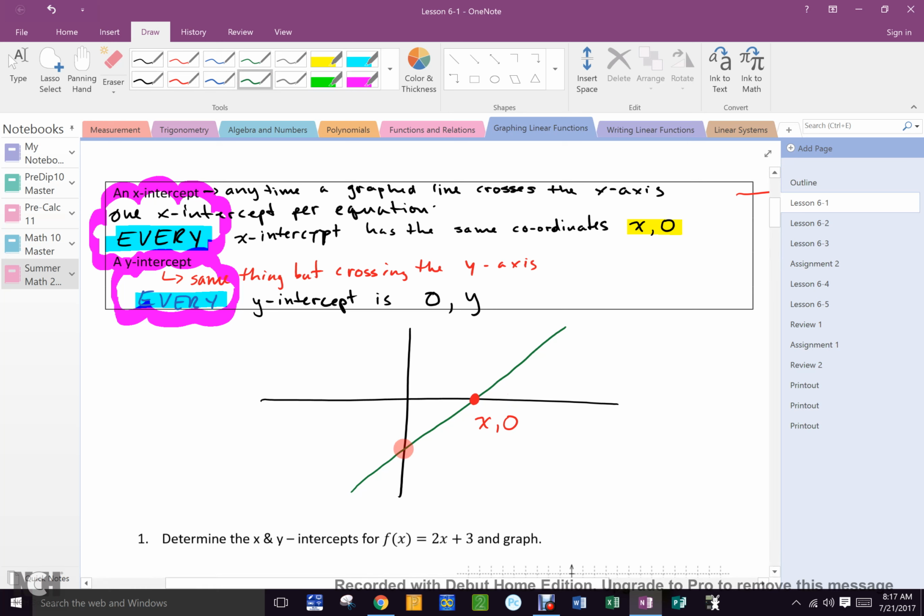What are the coordinates of that point right there? 0, y. Which means if I made a table of values or a t-chart, that means I could put x, 0 and 0, y into it, right?